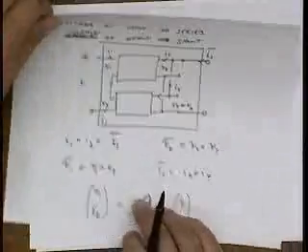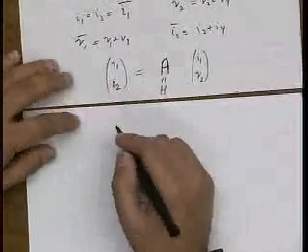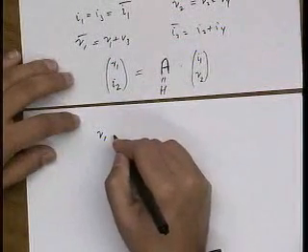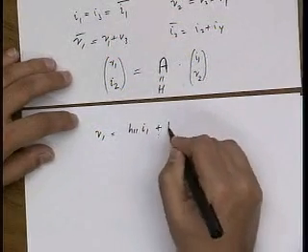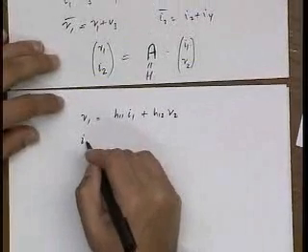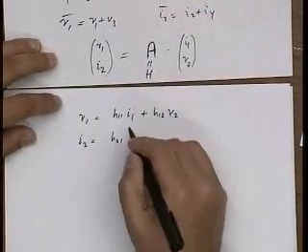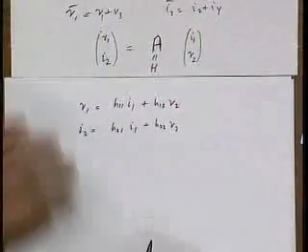Again, I always like to write this out explicitly. So I have V1 equals H11 I1 plus H12 V2. I2 is H21 I1 plus H22 V2.